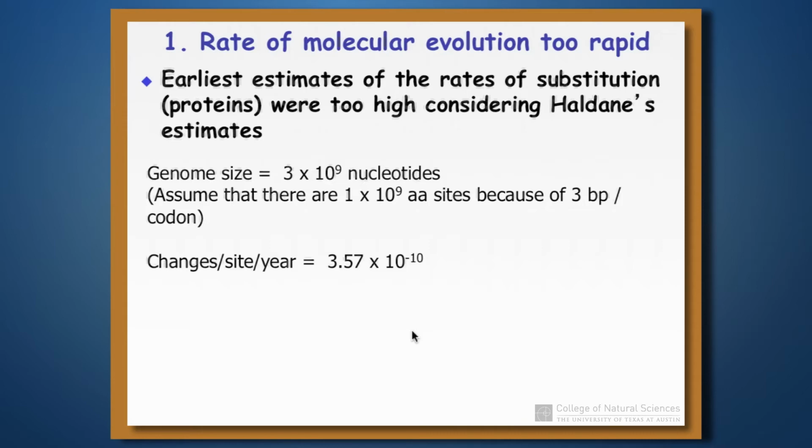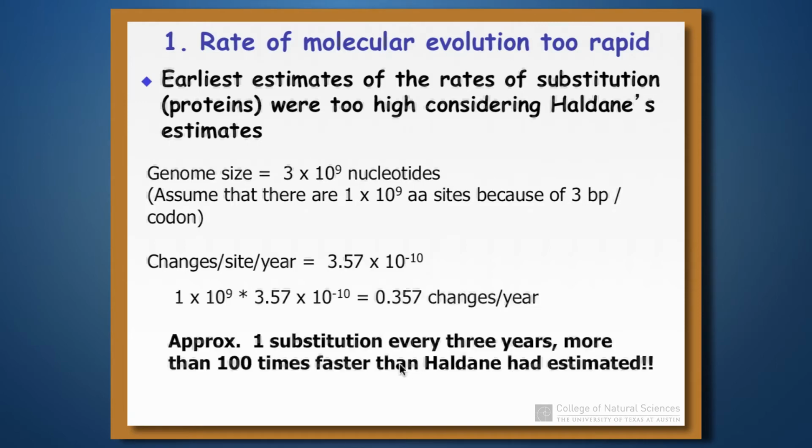Now, the average rate of substitution that had been measured was about 3.5 times 10 to the negative 9 amino acid changes per site per year. Now, why is this problematic?